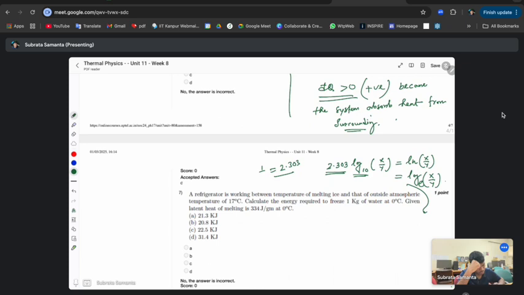The value of e is not 2.303, the value of e is basically 2.71. So then I will say that this is 2.303 log 10.